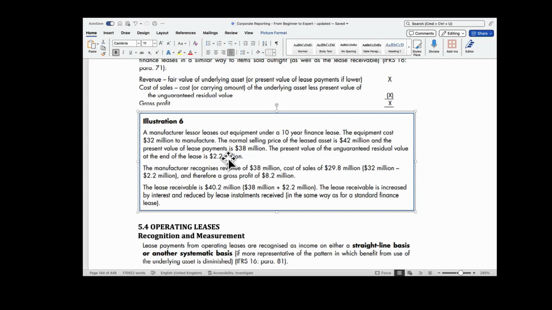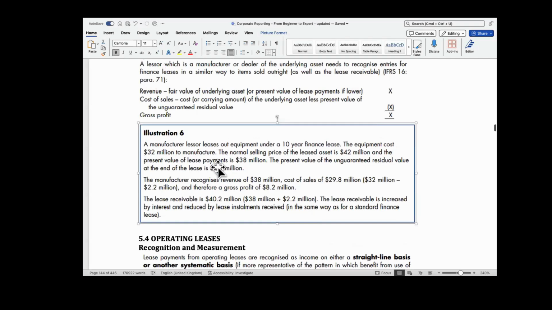Also, you will determine your lease receivable. I can easily get my lease receivable, which is the PV of lease rentals. The PV of lease rental is this 38 million. And I will also add the PV of unguaranteed residual value, which is 2.2 million. So that will give me 40.2 million.